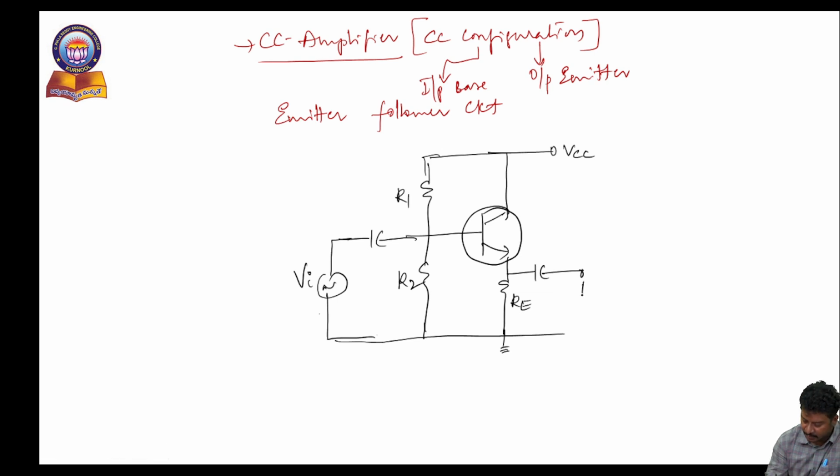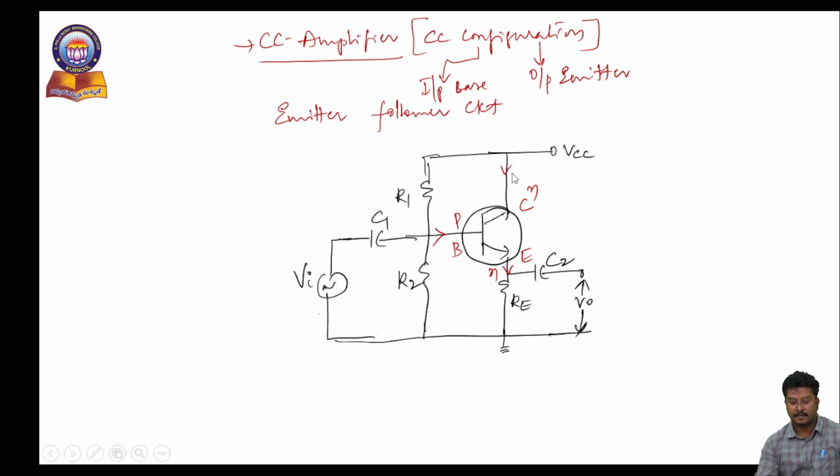I am taking the output here, with C1 and C2, emitter, base, collector, which is an NPN transistor. I am applying the input across the base terminal, and the output is taken across the emitter terminal, where the collector is common. That's why it is called the common collector.